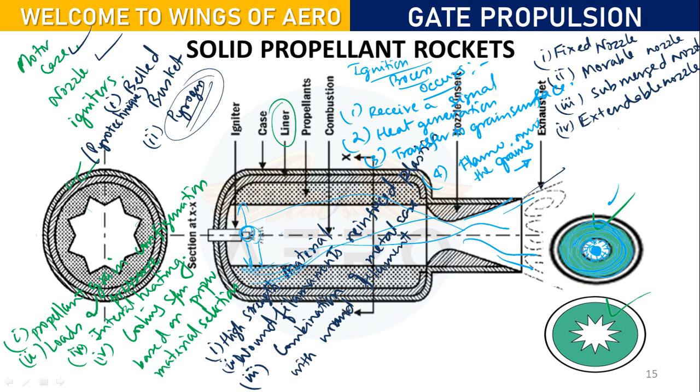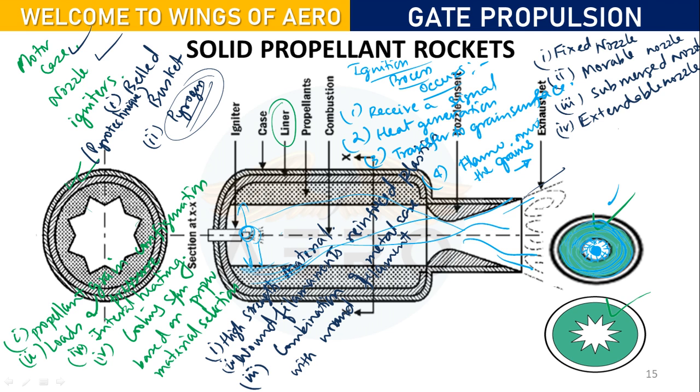That is the thing for solid rocket motors. There is nothing we can spray to stop it. That is for solid propellant. Once it starts to ignite, we cannot stop it. Liquid we can control, but here we cannot control at all.